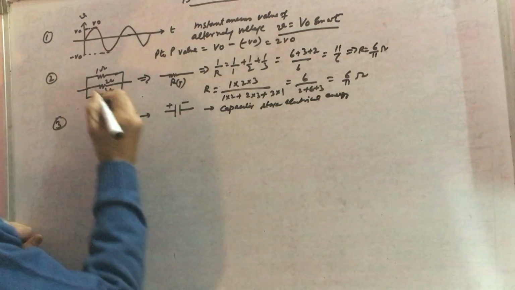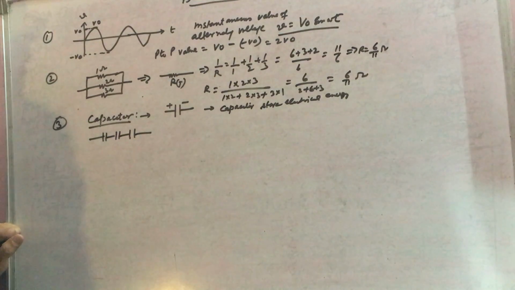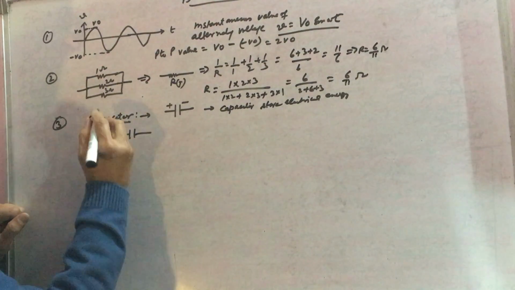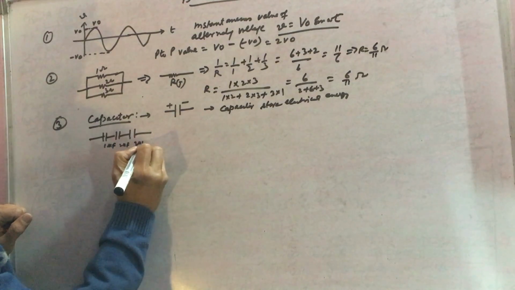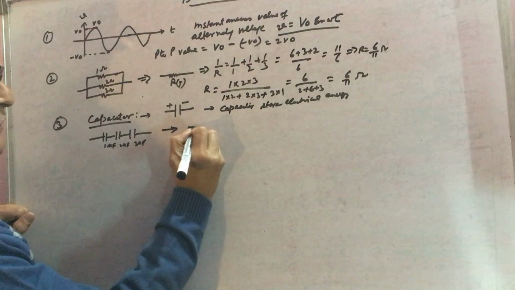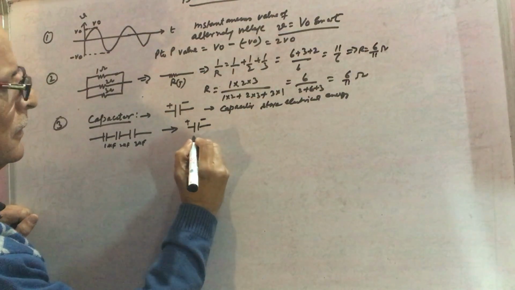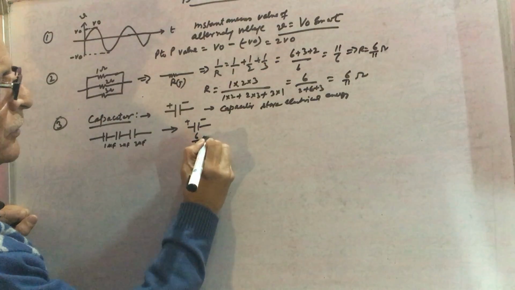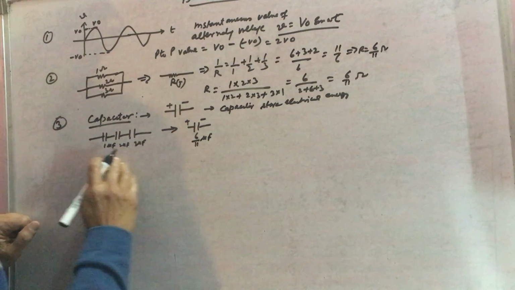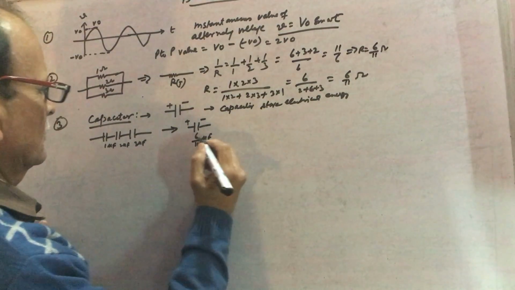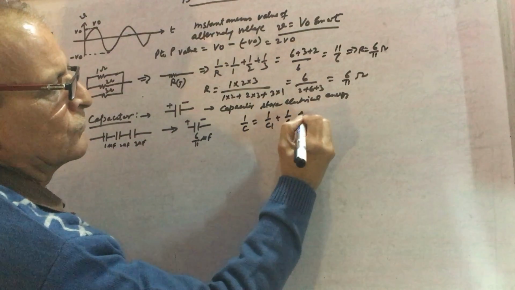So when three capacitors are connected in series, 1 microfarad, 2 microfarad, 3 microfarad, their effective value will be the same, 6 by 11 microfarad. Because when capacitors are connected in series, their total capacitance is calculated with the help of this formula.